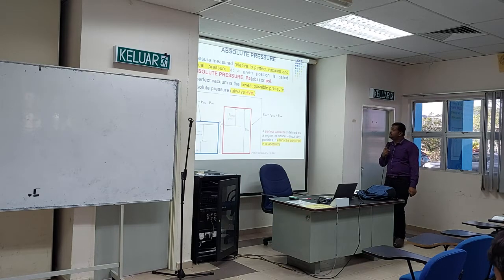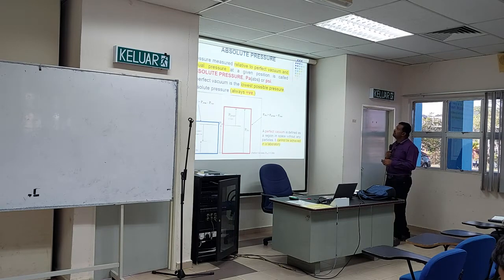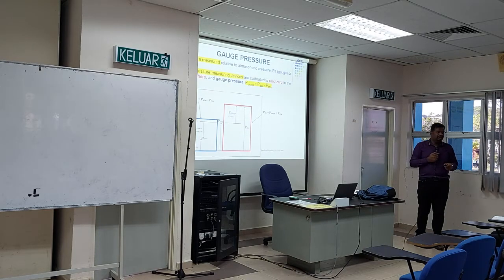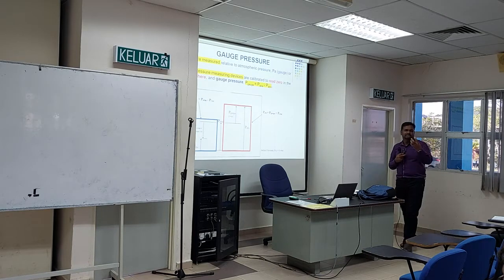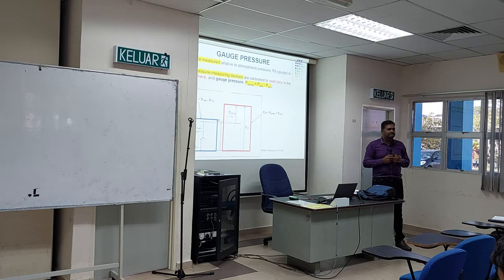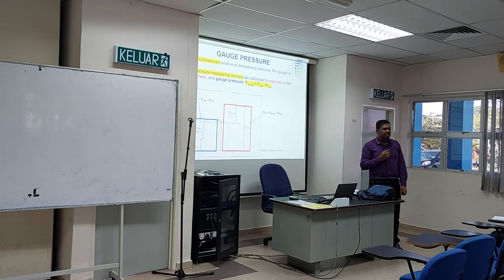Okay, so absolute pressure is pressure measured related to perfect vacuum and actual pressure. Yang ni actually I bagi tahu gauge pressure dulu. Okay, gauge pressure tadi I bagi tahu we use a device to measure the pressure. So selalunya device tu dia start dari negatif ke start dari kosong? Start dari kosong ke? Senang you nak measure.